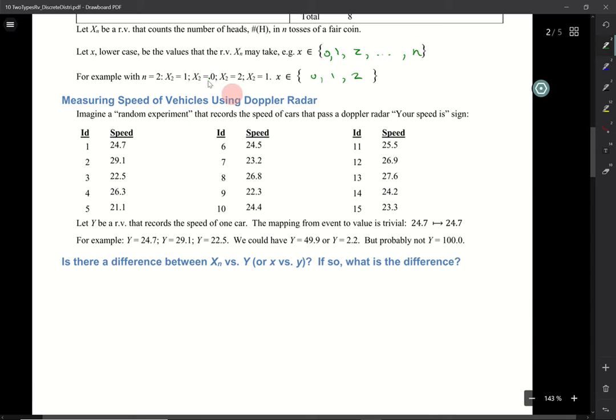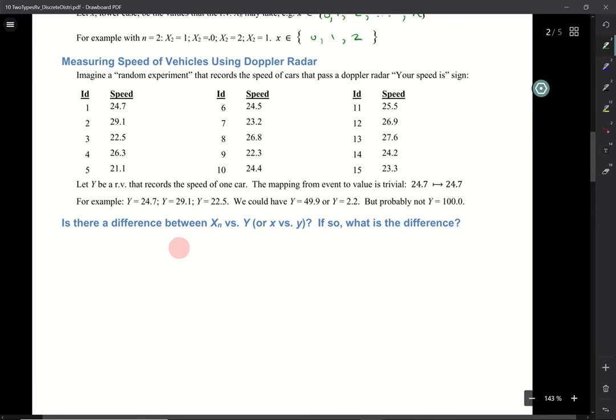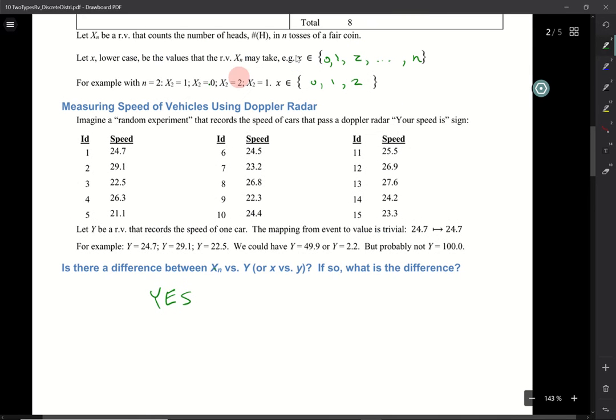Some kind of an integer for the number of heads. Here, the values could be 49.9, could be 2.2, right? Probably not 100.0, could be, right? And so, is there a difference? Yes, right? There is a difference. And so, what is the difference between those two? What's the difference between the xn number of heads in tosses of a coin versus this y?